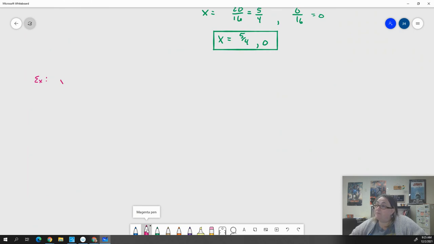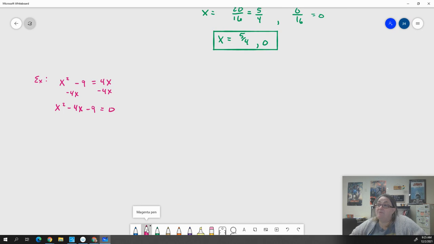I like this one because this one is complex: x squared minus 9 equals 4x. First thing we've got to do, we need to move that 4x over, right? So I'm going to do that by subtracting 4x from each side, and I'm going to rewrite the problem as x squared minus 4x minus 9 equals 0.